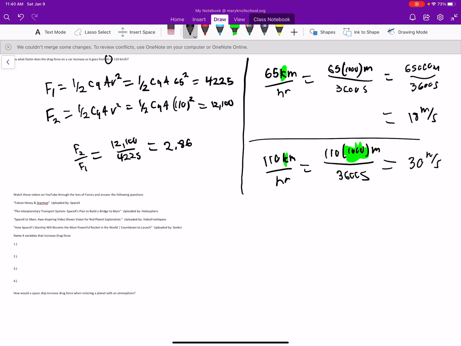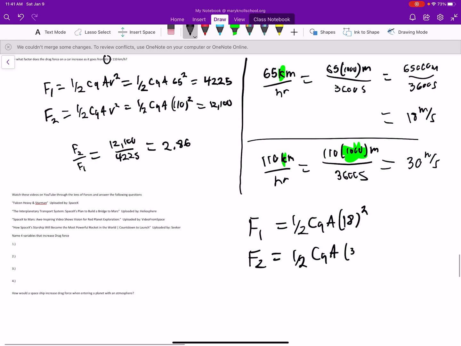Okay, so now let's do this problem again. So force 1 is going to be 1/2 CQA 18 squared. And force 2 is going to be 1/2 CQA, and again, we don't need to know C, Q, or A, 30 squared.